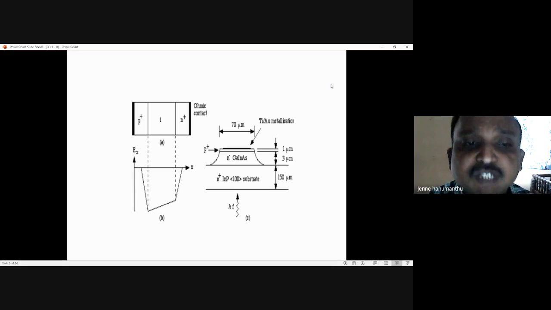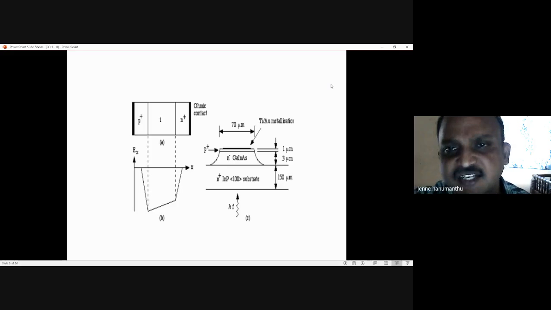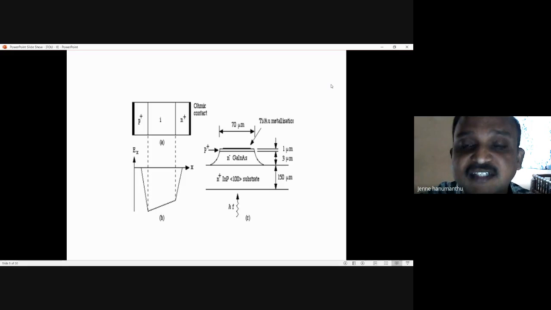If you want to see the electrical signal, just connect a resistor and connect a meter in series through the resistor. You may get some current because of the photon or light conversion by the PIN diode.